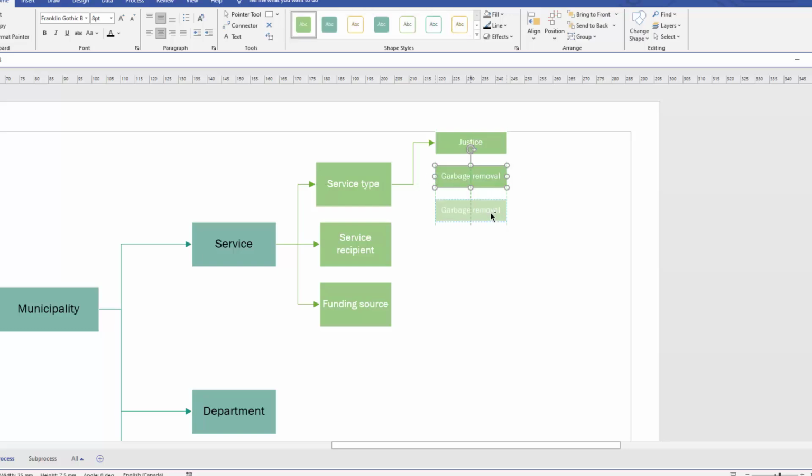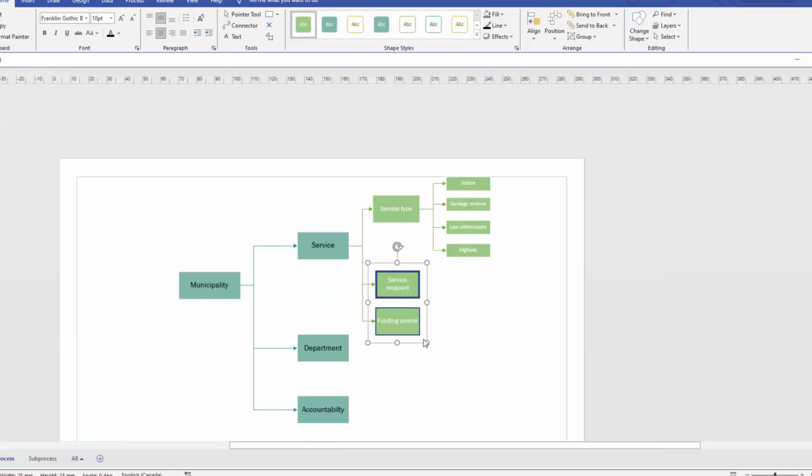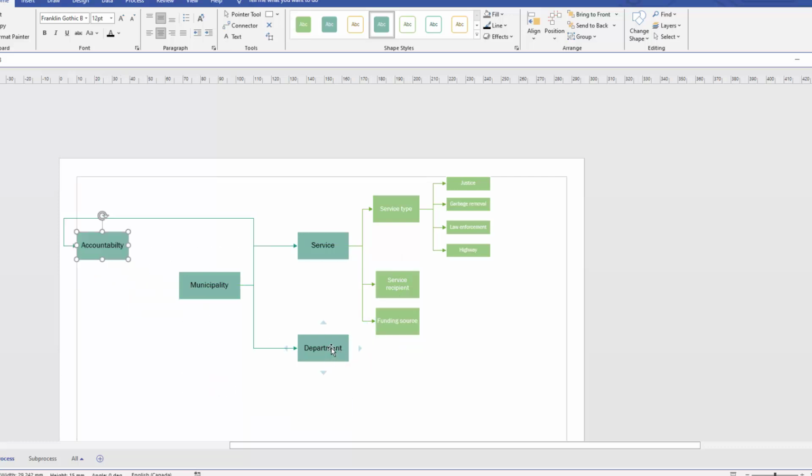There could be law enforcement, local law enforcement. And let's take another example, highways. So highway management. I'm going to move my boxes around so that it's easier for me to arrange these things.